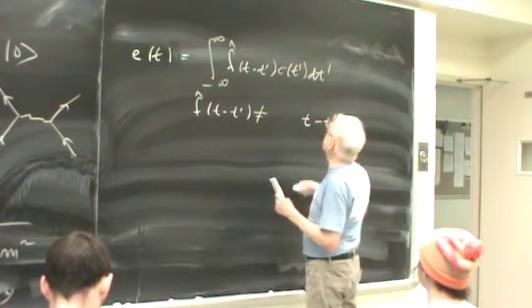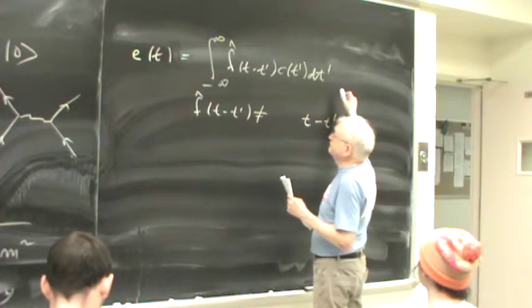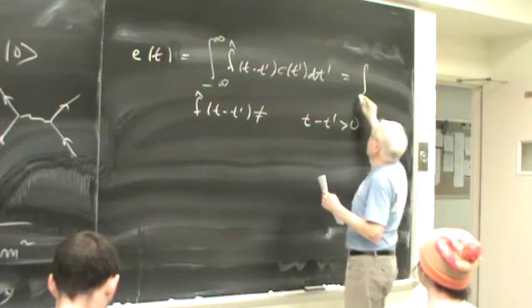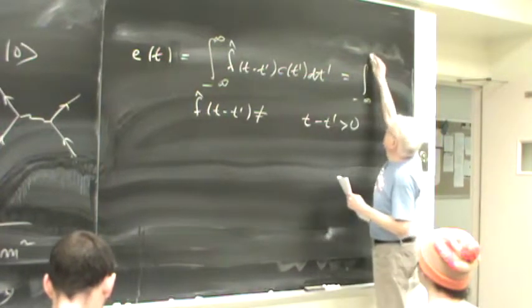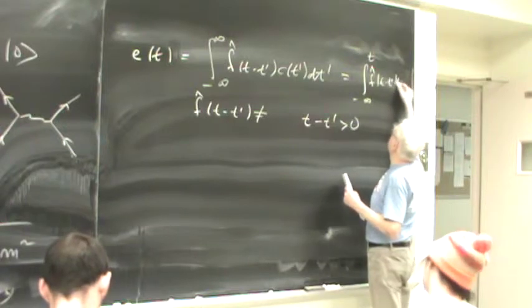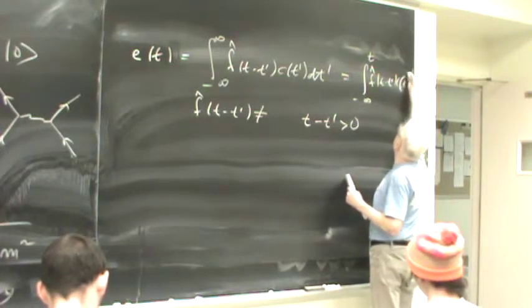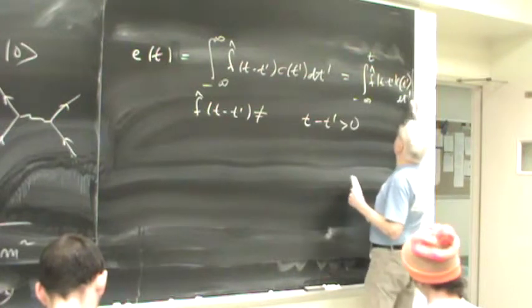So in other words, we could rewrite this as an integral from minus infinity to t of f hat of t minus t prime, c of t prime dt prime.